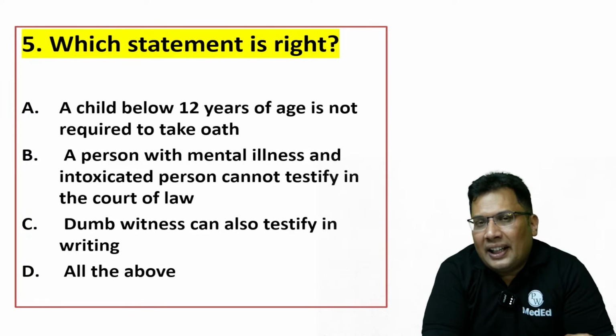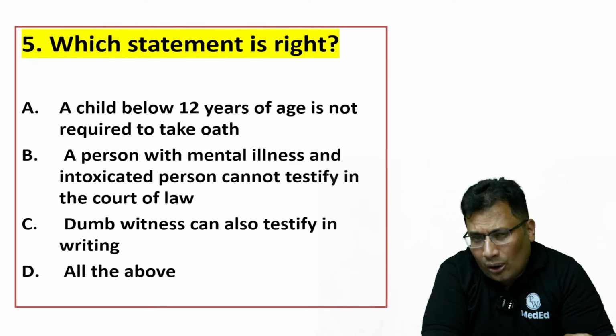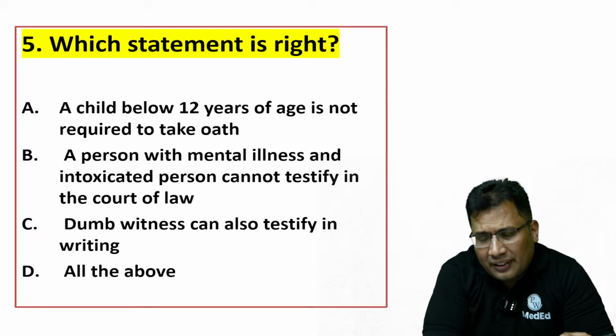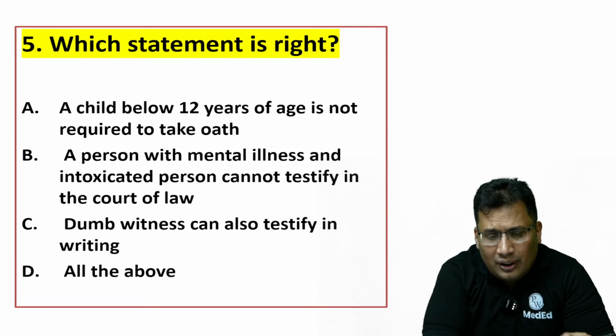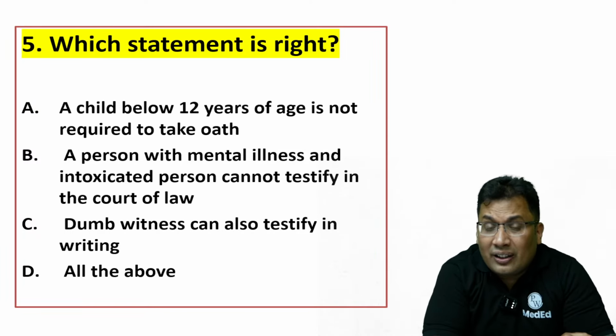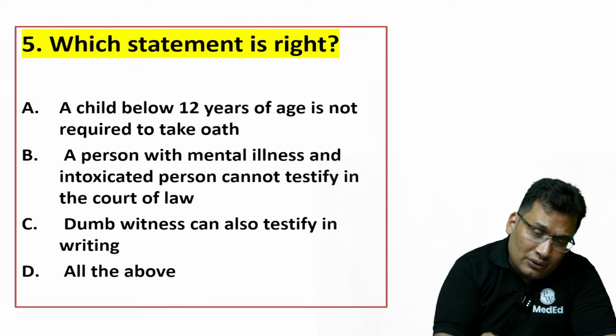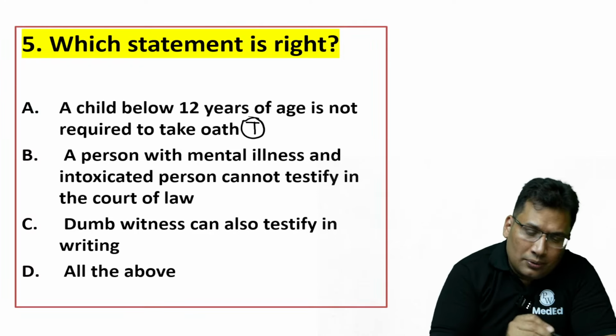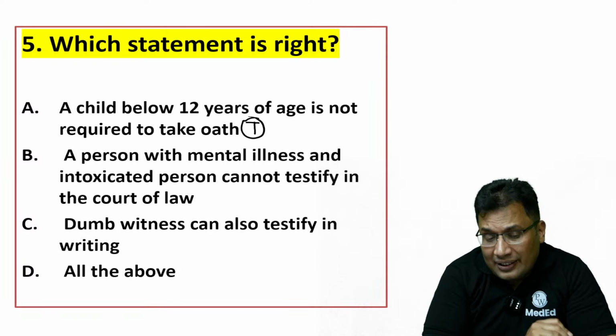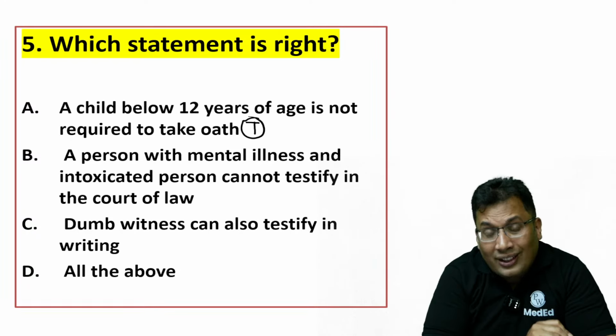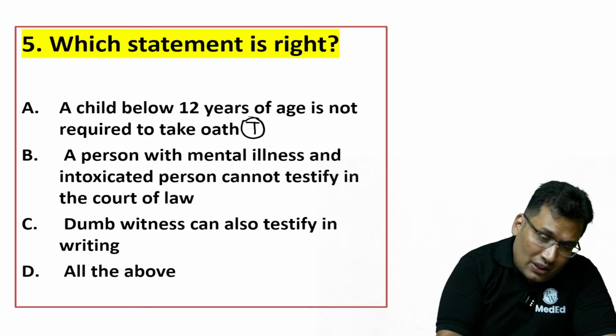Which statement is right? Only one statement is right, or all the above. A child below 12 years of age is not required to take oath. That is true. Person with mental illness, intoxicated person, cannot testify in court of law. That is also true.